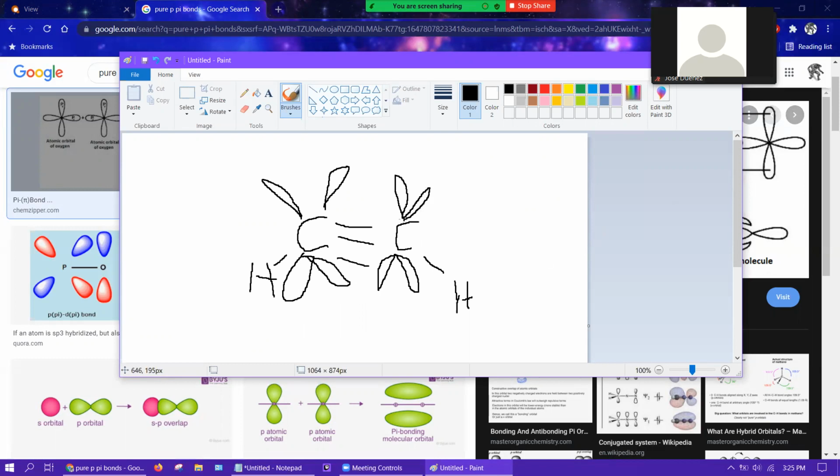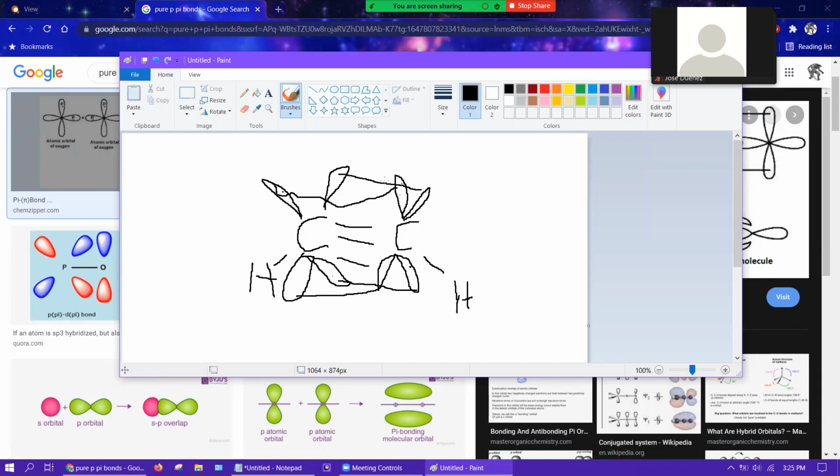So this one right here is bonding with this and this, and the electrons are shared between them, and it's the same with this.